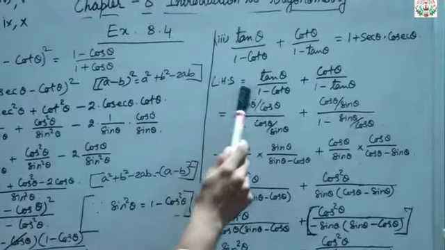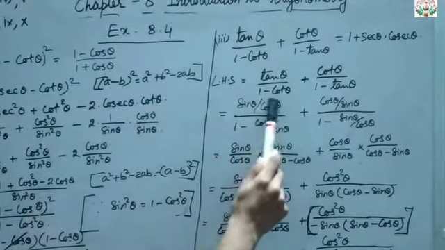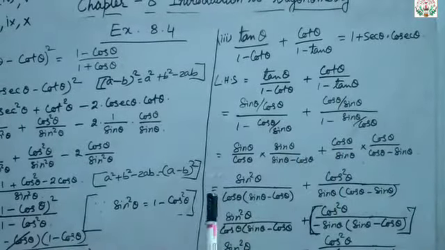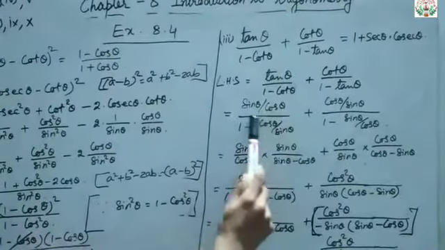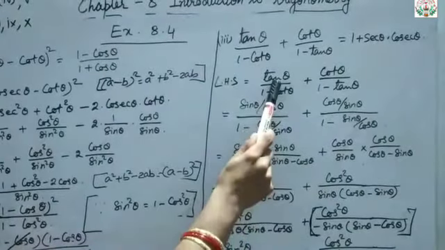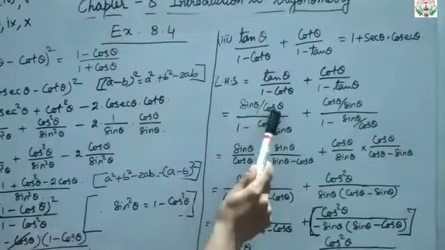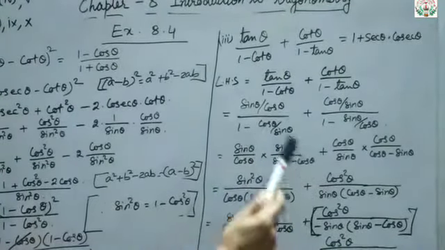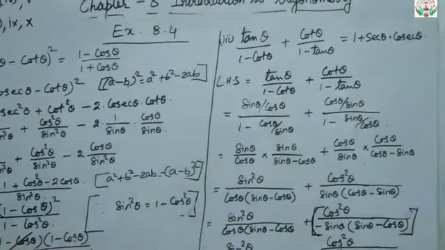So LHS will be equal to tan theta upon 1 minus cot theta plus cot theta upon 1 minus tan theta. Now this again we will change into sin and cos form. Okay, so the conversion of cot theta and tan theta into sin and cos form is the hint given in the book also.